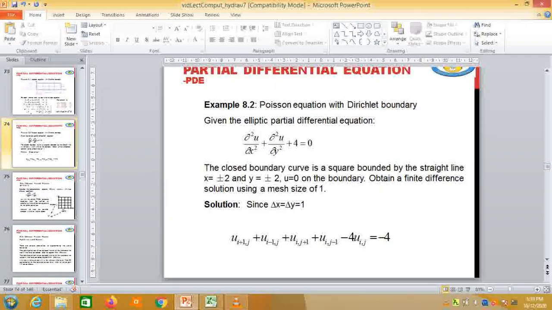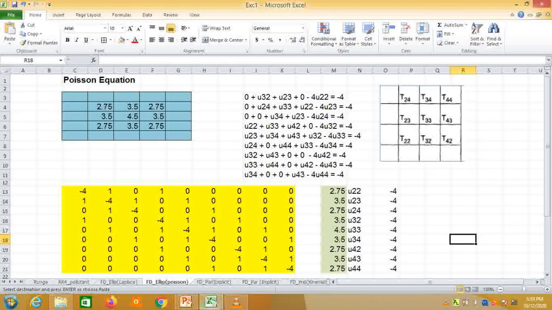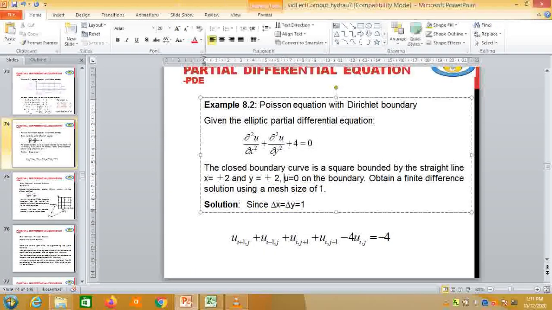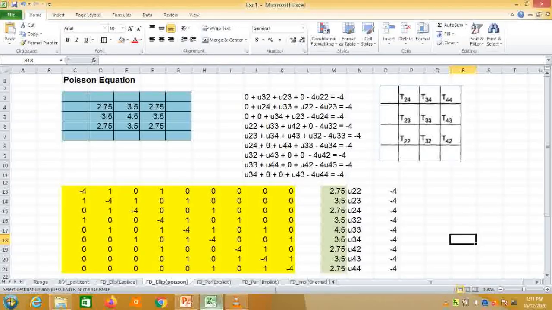At the boundaries, it's given that u is equal to 0 on the boundaries.